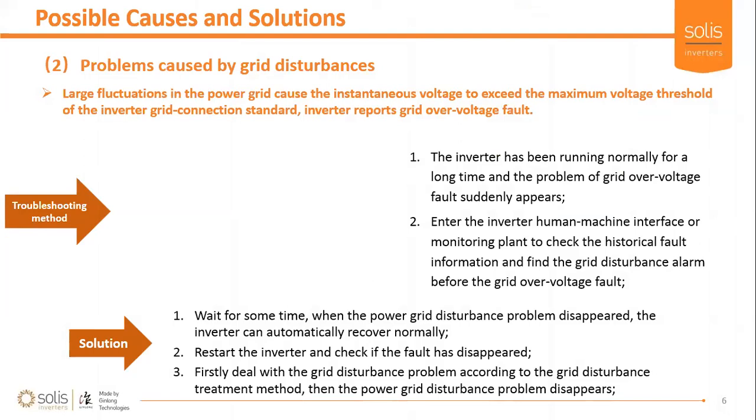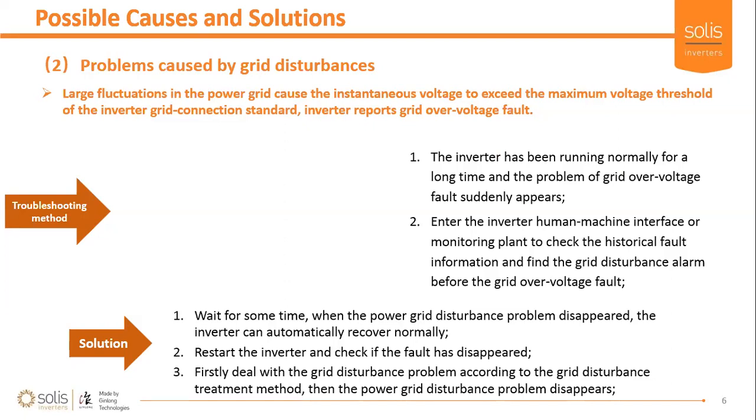Again, other problems are caused by grid disturbances. Large fluctuations in the power grid cause the instantaneous voltage to exceed the maximum voltage threshold of the grid connection standard, and the inverter records a grid over voltage fault. Say the inverter has been running normally for a long time, and the grid over voltage fault suddenly appears.